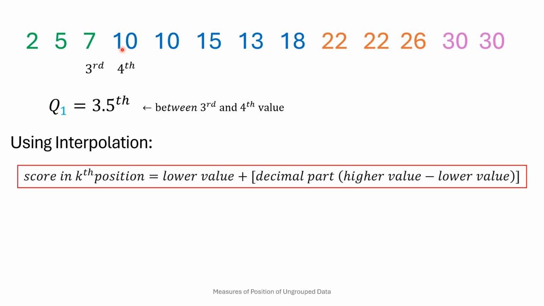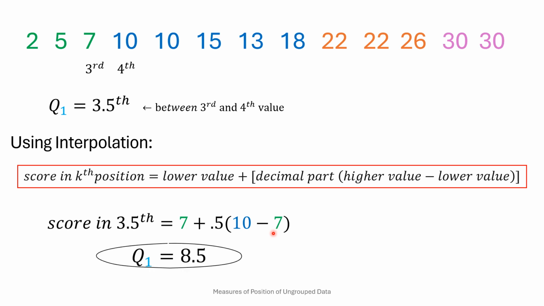Using the linear interpolation, the score in the 3.5 position is the lower value 7 plus the decimal part of the position 3.5, that is 0.5, times 10, the higher value, which is the fourth value, minus the lower value 7.